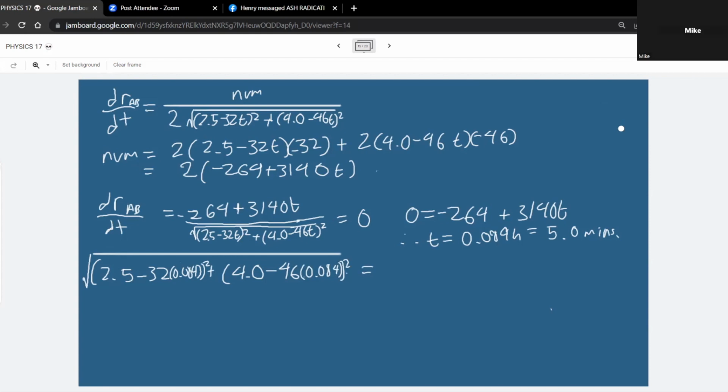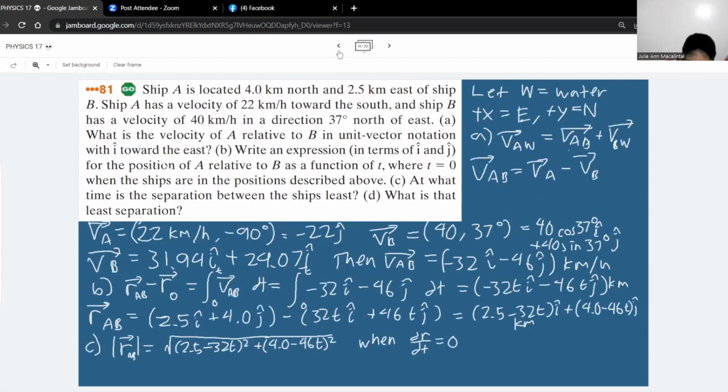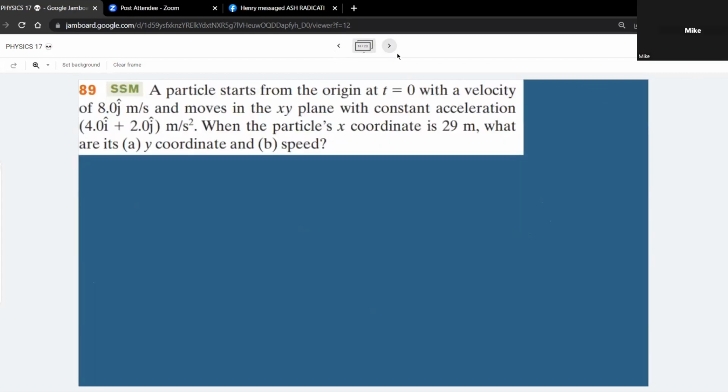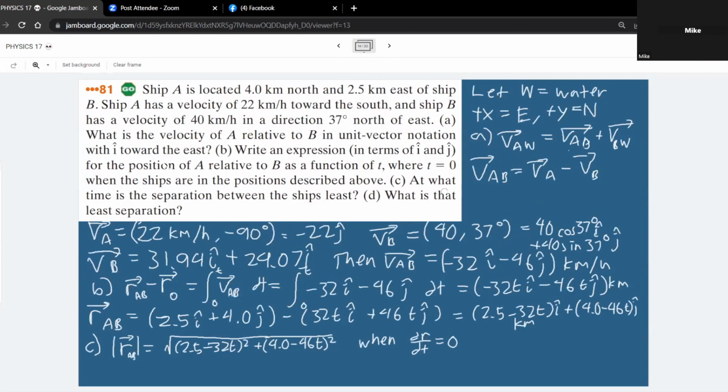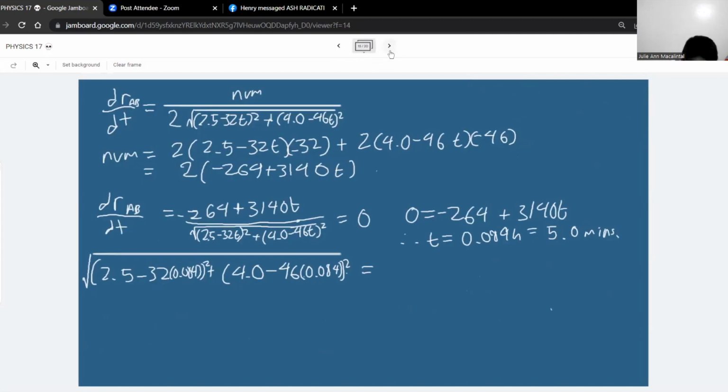Ano yung laki ng length of aircraft carrier? Aircraft carrier. Ito pong 333 meters. Least separation. Oh, so ano yung least separation niya in meters? What?